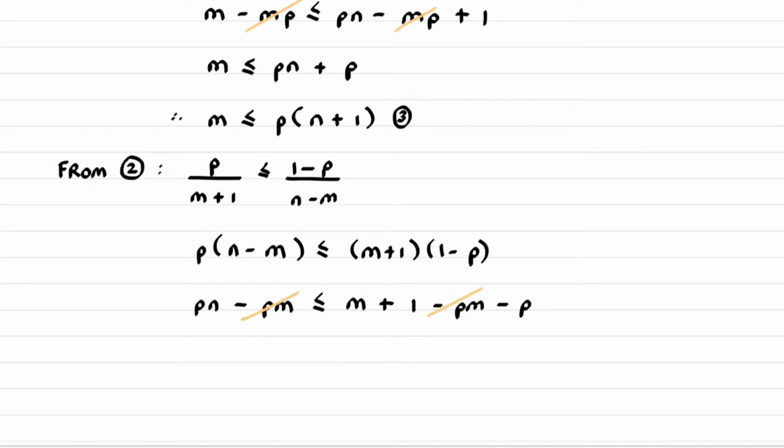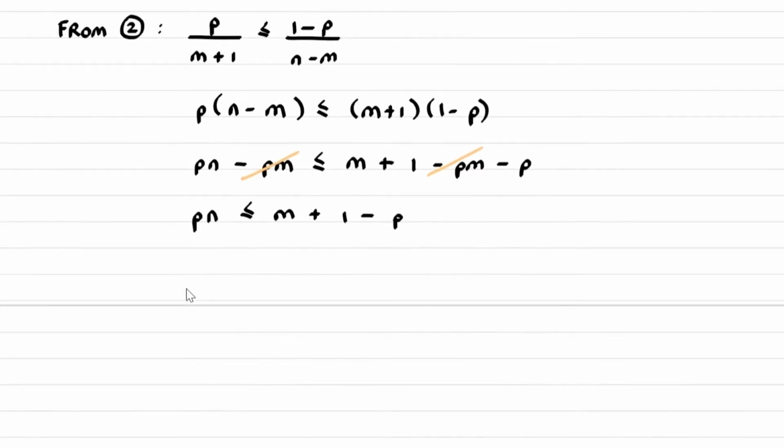So I've got pn being less than or equal to m plus 1 minus p, and if I add p to both sides, I have pn plus p being less than m plus 1.